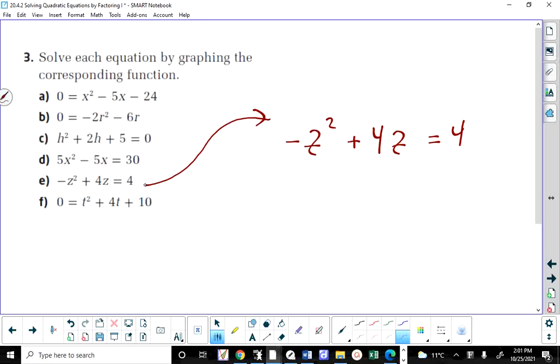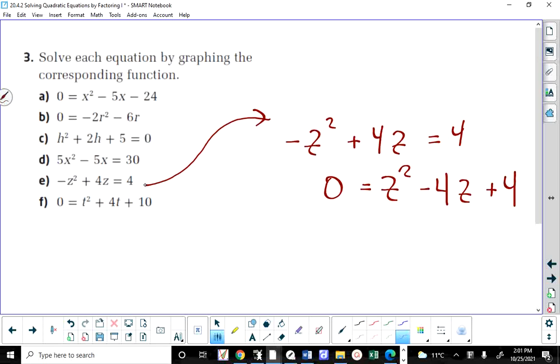If you want to solve this by graphing, what you're going to do is zero the equation first, and I would prefer to zero the equation by moving all of the terms to the right-hand side, because I don't want to deal with negative quadratic terms. It doesn't change the answers.